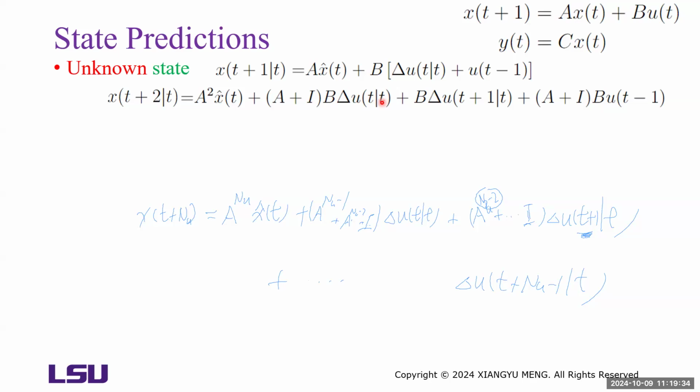Similarly here, if we have t, we have nu minus 1. The sum of the two will be t plus nu minus 1.